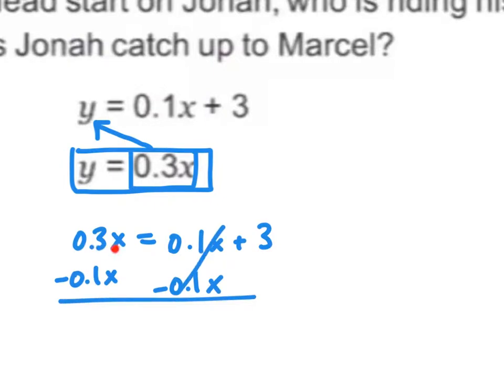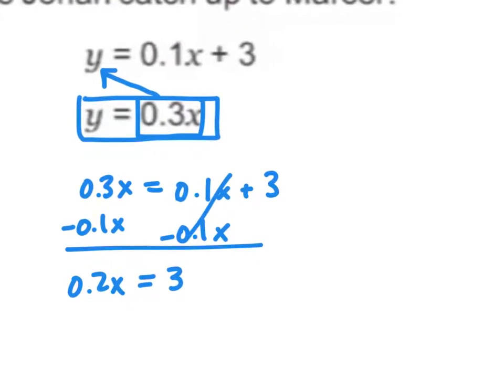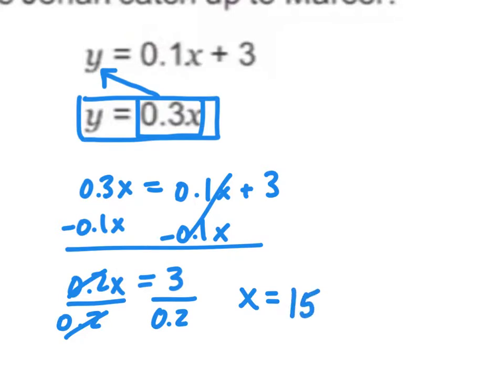If I take 0.3x and subtract 0.1x, that gives me 0.2x, and that equals 3. Now I'm going to divide both sides by 0.2. So these end up dividing out, and we're left with x is equal to 3 divided by 0.2. If I take 3 and divide it by 0.2, that gives me an x value of 15, which is what I thought it was going to be.